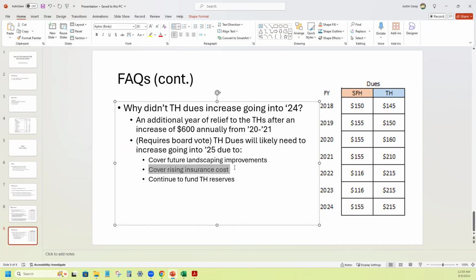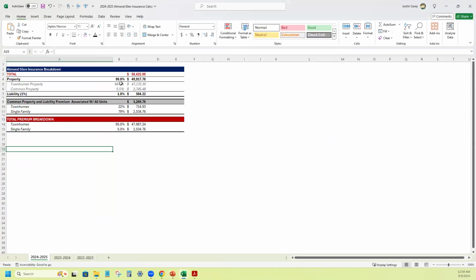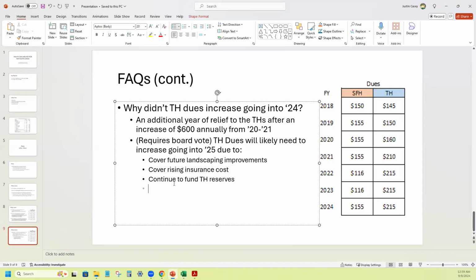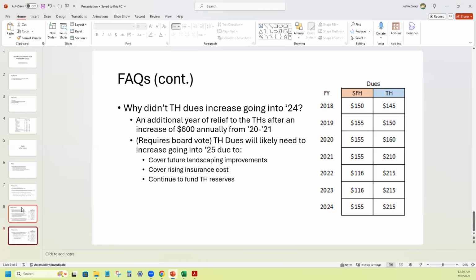To cover the rising insurance costs, which you can see from the previous work that we did, 95% of the cost goes to the townhome. And continue to fund the townhome reserves. We funded the reserves for the townhomes equal to $570 per homeowner in 2023, and we'll keep that going into the future.